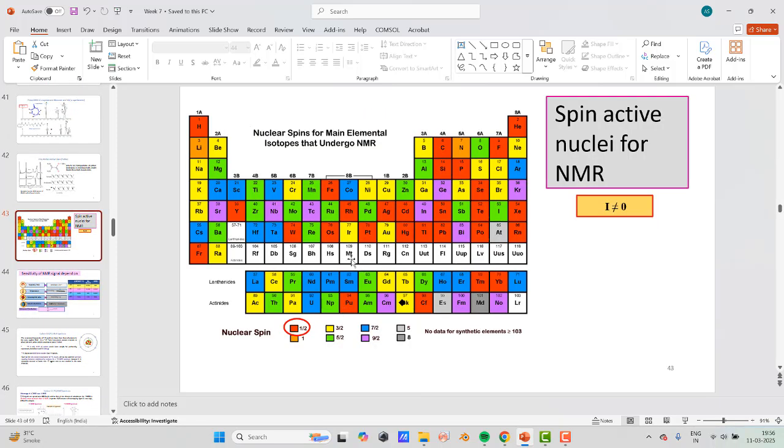If you see in this table, can you find the Ne? I think that is not mentioned over here. Are you able to check if it is there?